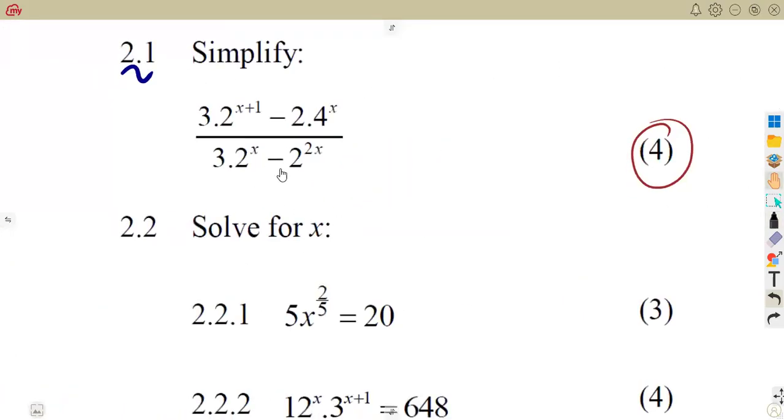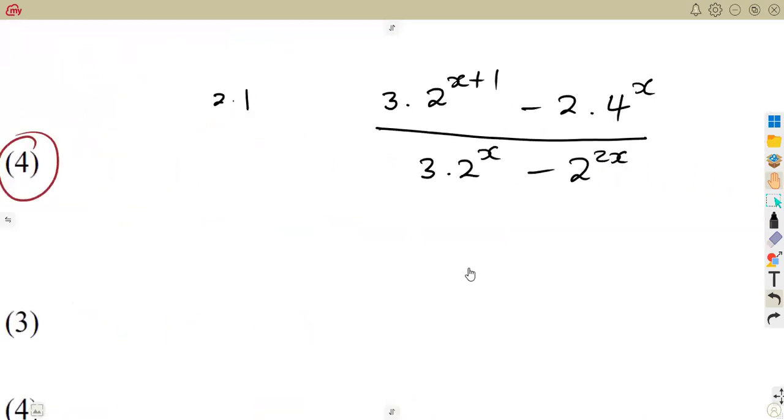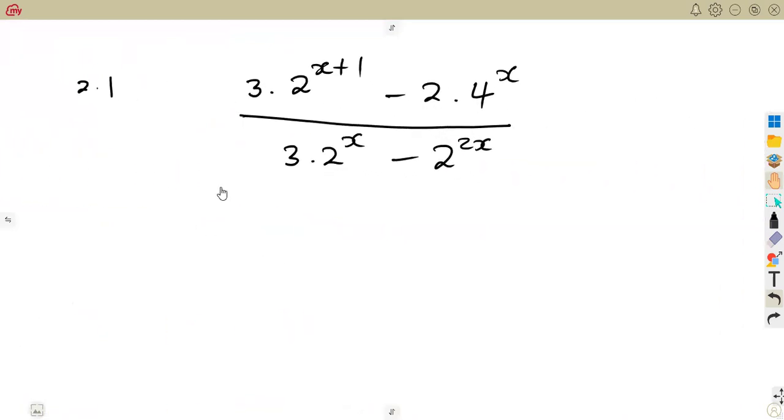So this is what we are given, and from there you are being asked to simplify. Remember, in factorization we are supposed to factor out the common term. What is common? What is it that we have?